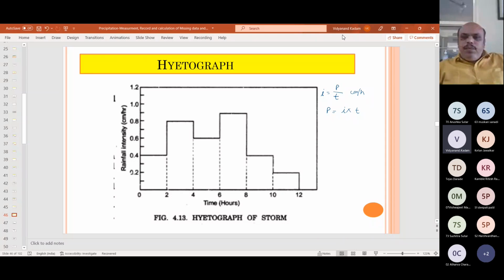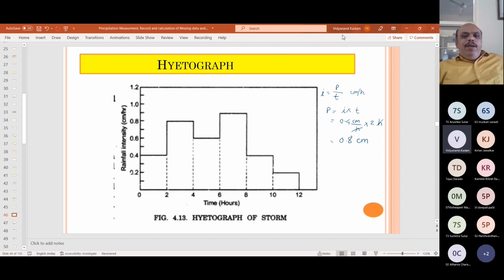See, intensity is 0.4 centimeter per hour, and time is 2 hours. So 0.4 into 2 is 0.8 centimeter. The hours get cancelled. This is how, if intensity is given, we can find out precipitation.